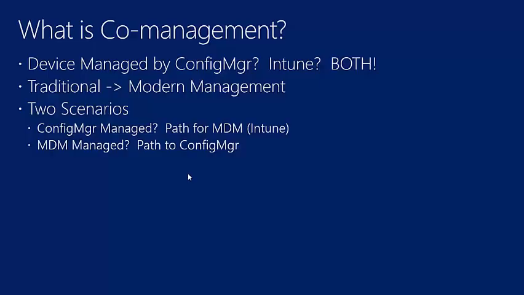And so realizing that, and realizing the interest was there to help build a bridge to modern management, and not really a wholesale shift to modern management for many scenarios, co-management came to be. Starting in Windows 10 1709 and ConfigMgr 1710, the idea of co-management was born.